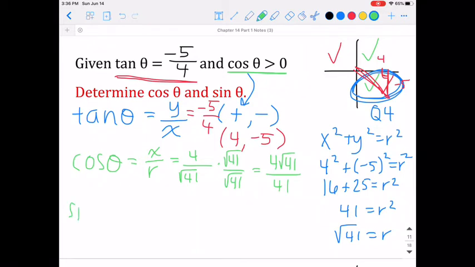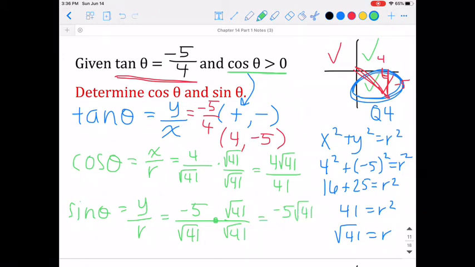And sine of theta is represented by y over r, so that's going to be negative 5 over radical 41. Again, we have to rationalize by multiplying by radical 41 over radical 41. When we do that, we get sine theta of negative 5 radical 41 over 41.